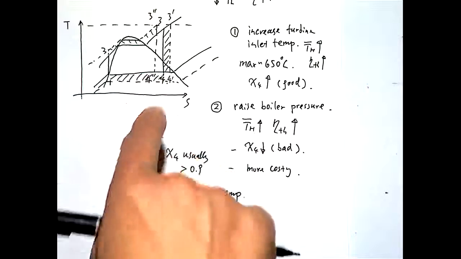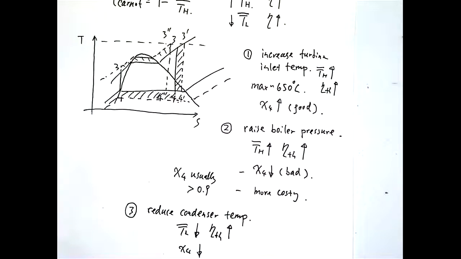If you consider the condenser, as we showed last time, the condenser is where steam is condensed to water, releasing a lot of heat, and that heat needs to be taken away by cooling water, right? Typically by cooling water. So how much the cooling water can be cooled really has a limit. If that cooling water is coming from a flowing river next to the power plant, you cannot have that cooling water below that river temperature, which is ambient temperature, right?